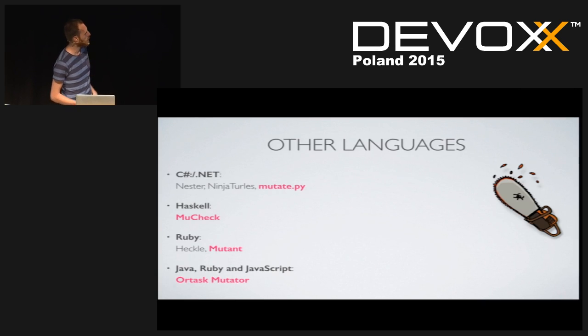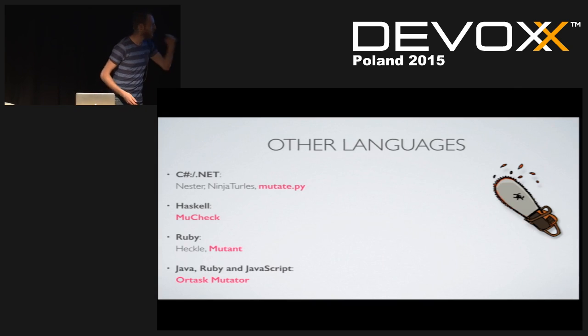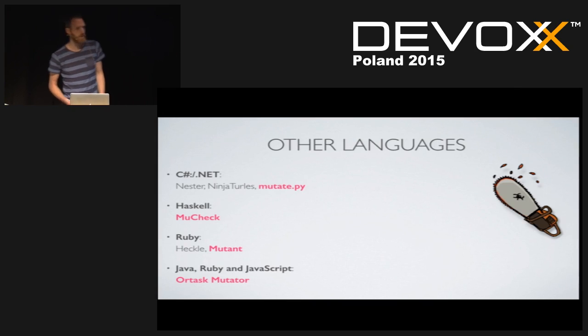There are also other languages if you're a .NET developer or Haskell or Ruby. This one is also for Java, but mainly for JavaScript and Ruby. The ones in purple, those are still active. The others are pretty much inactive, haven't been updated since 2005, 2006.